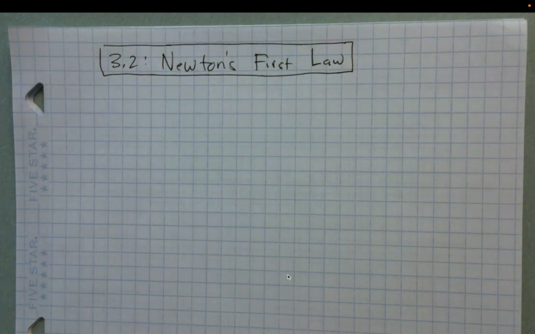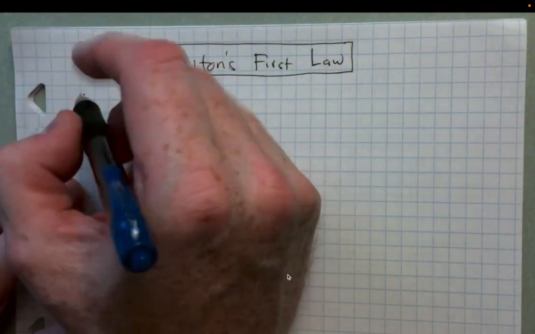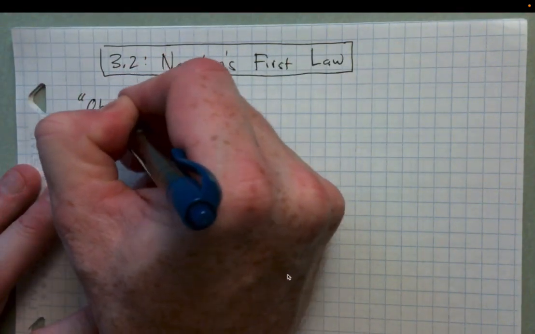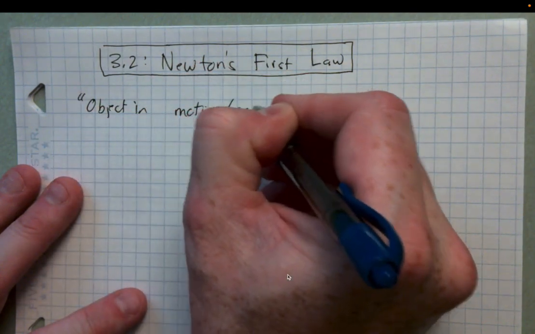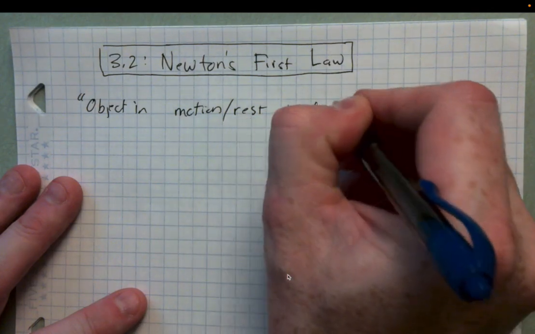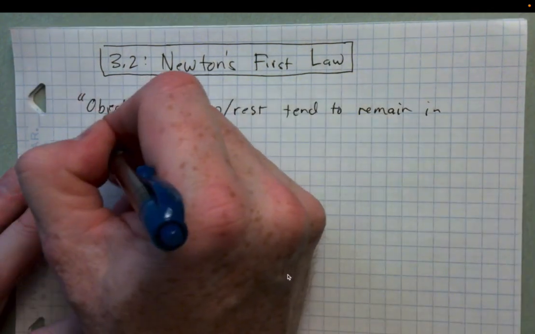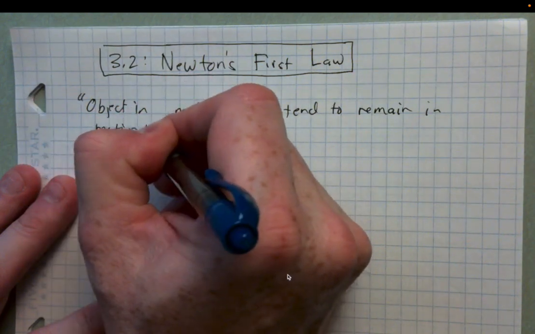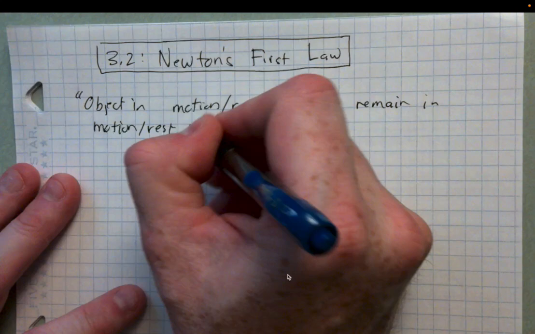Now, in the previous lecture we stated Newton's law and talked about it briefly. Let's spend a little more time on it here. So what does Newton's first law say? Well, it says that objects in motion or at rest tend to remain in motion or at rest unless acted upon by an outside force.